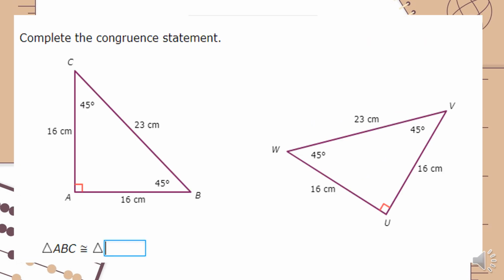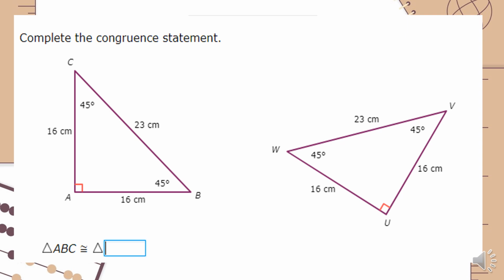Now complete the congruence statement. Here triangle ABC is congruent to triangle. Now we will not write it randomly, we have to focus on what angle they have given. In the first triangle they have given angle A, the right angle, so we will also choose angle U, that is the right angle. So triangle ABC is congruent to triangle U. We have written the start, but what will be the next one?